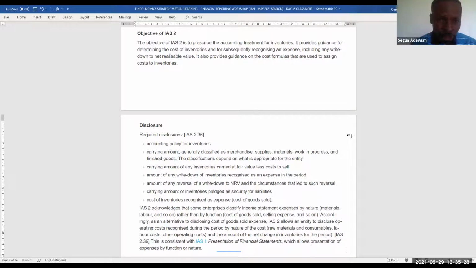The objective of IAS 2 is to prescribe the accounting treatment for inventories. It provides guidance for determining the cost of inventories and for subsequently recognizing an expense, including any write-down to net realizable value. It also provides guidance on the cost formulas that are used to assign costs to inventories. Should I continue? Yes, disclosure.